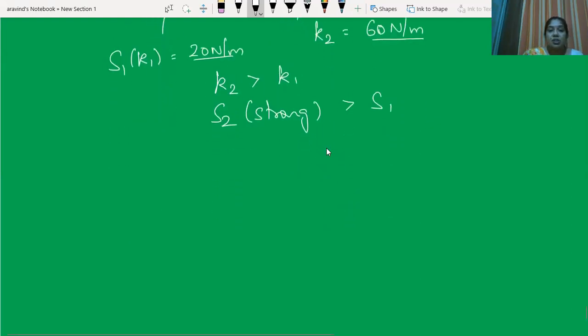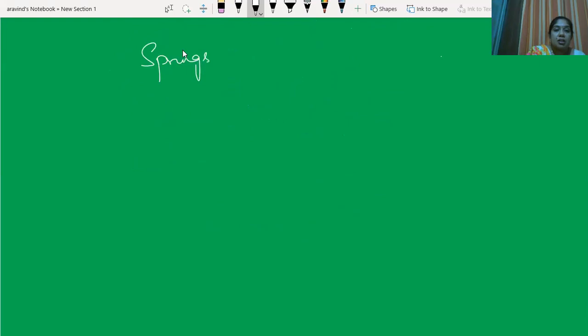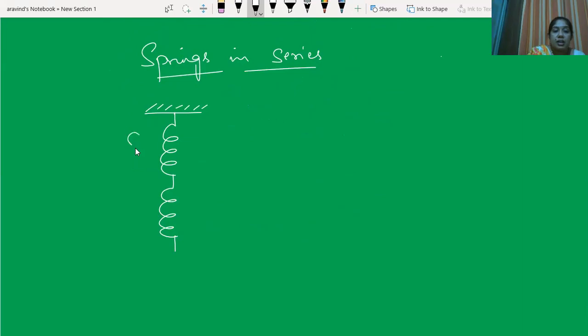Now, in this section of simple harmonic motion, once we are aware of what the stiffness factor is, we'll be discussing springs in series combination and parallel combination. So what does that mean? Suppose I have two springs S1 and S2 attached to mass m.